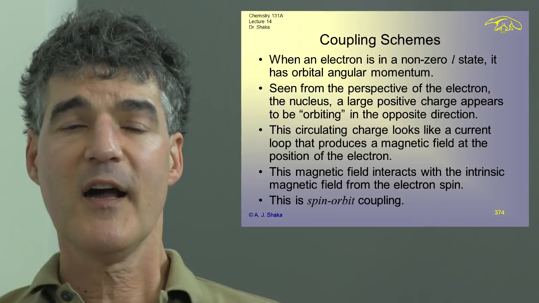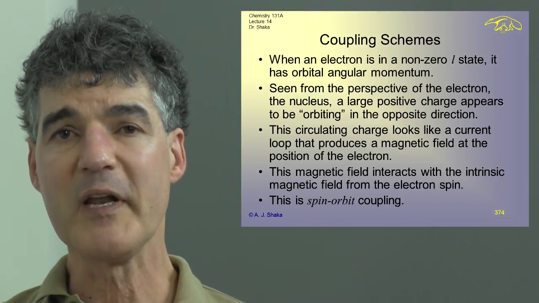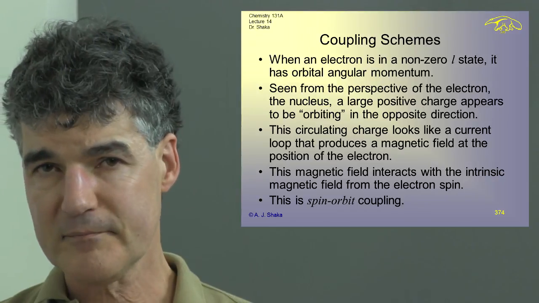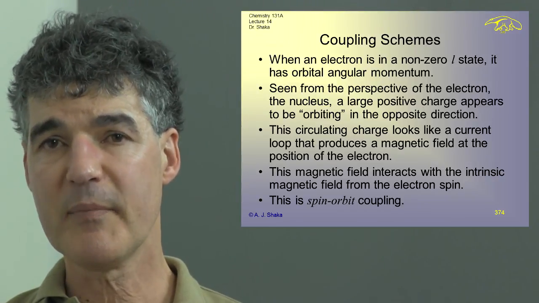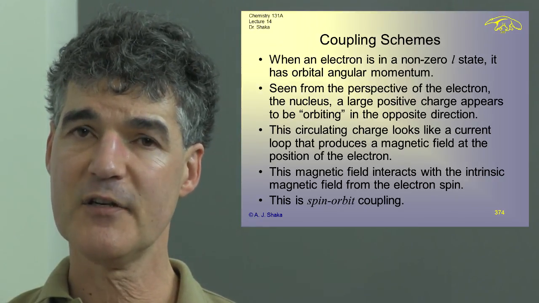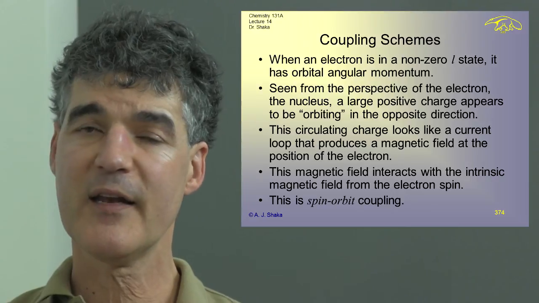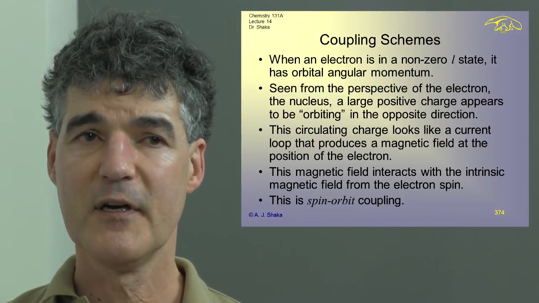So this kind of interaction between the spin magnetic moment and the orbital motion is called spin-orbit coupling, because it's a magnetic interaction between the apparent magnetic field of the nucleus and the intrinsic magnetic field of the spin.